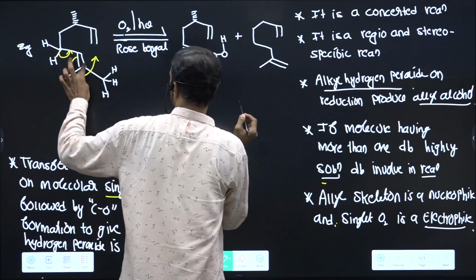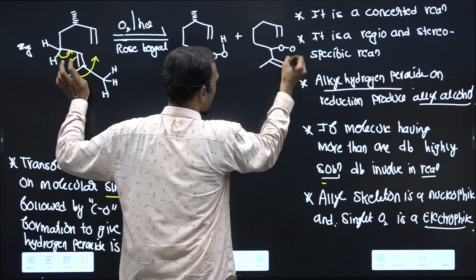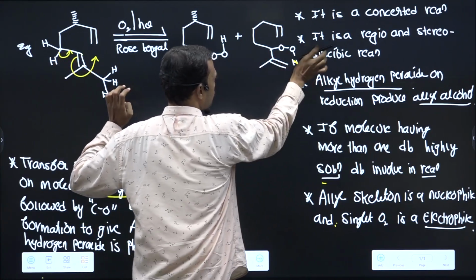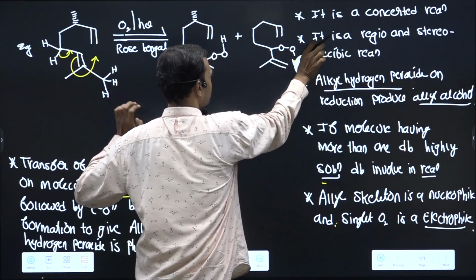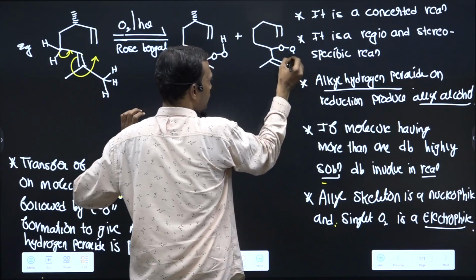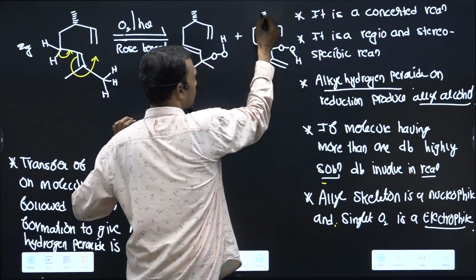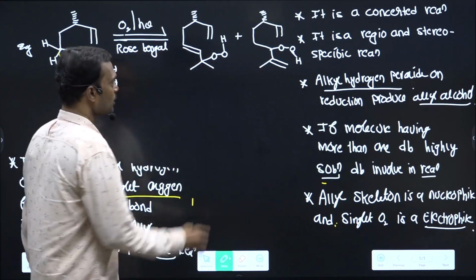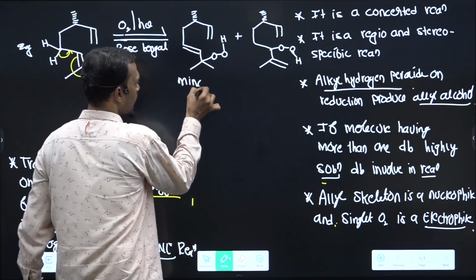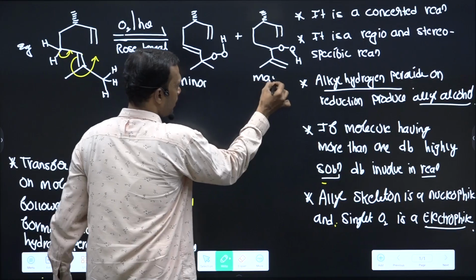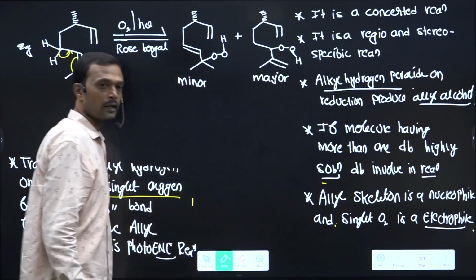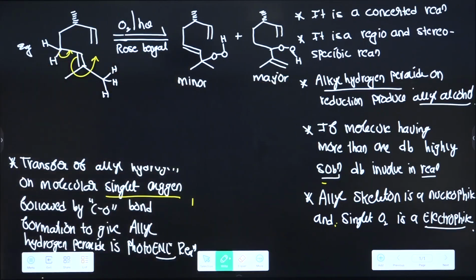If I take this hydrogen, then this will attack this one. So which is major? Second one or first one? Second one. This is major, the other is found to be minor. Choose the more substituted double bond and try to create the double bond at the terminal, because it can easily lose hydrogen from the allyl carbon.